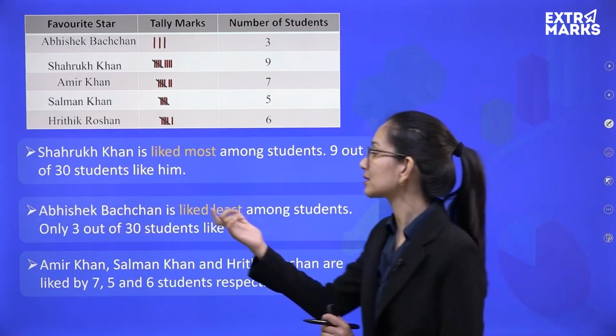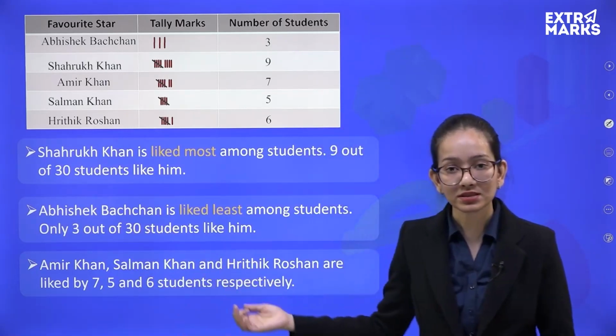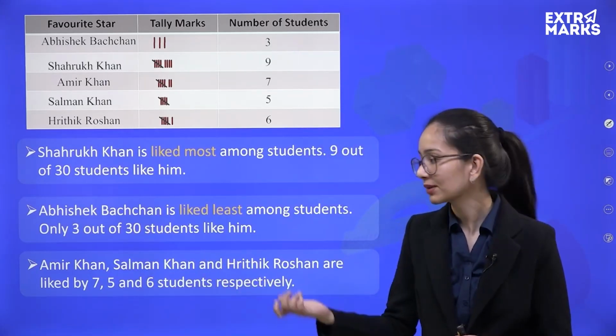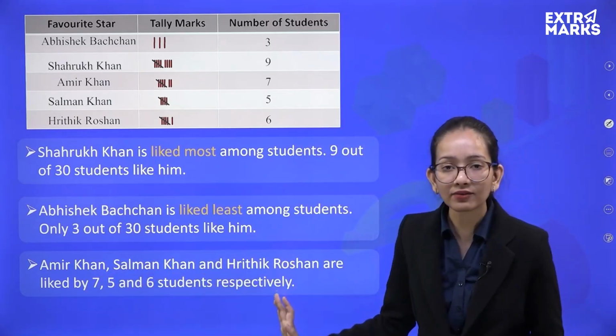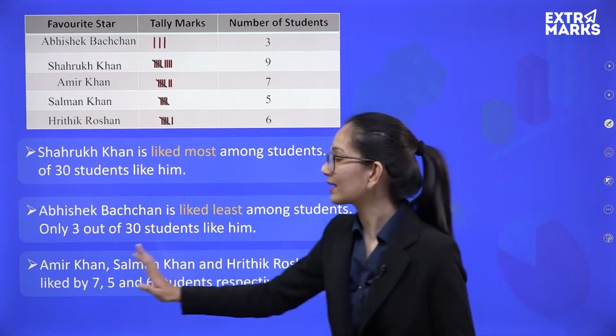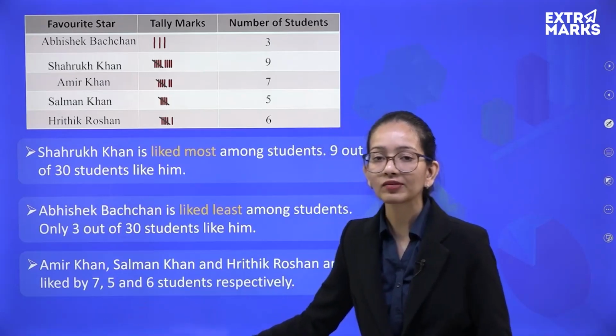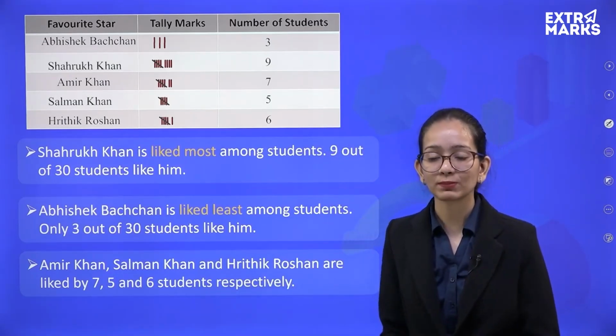So, he is the least liked star among these students. And Amir Khan, Salman Khan and Hrithik Roshan are liked by 7, 5 and 6 students respectively.